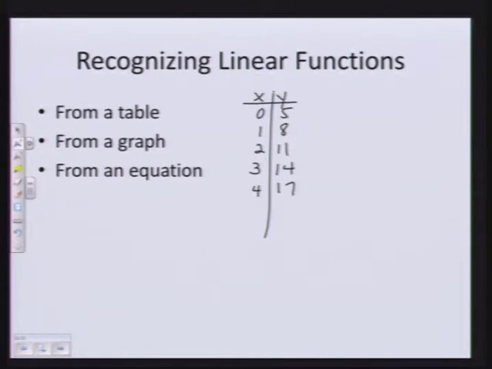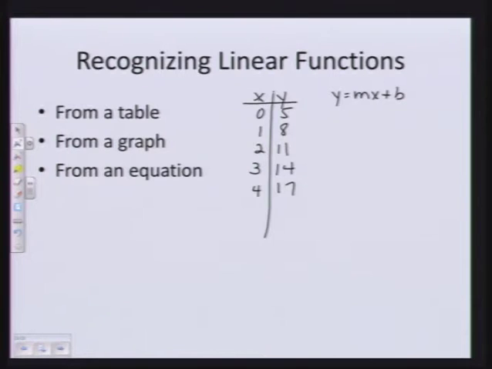And right now I'll go back to being abstract again, so I haven't told you what x and y represent. But suppose this is some real world data that I'm trying to analyze. How do I know if this fits into an equation of the form y equals mx plus b? How do I know that the independent variable x and the dependent variable y have a linear relationship?